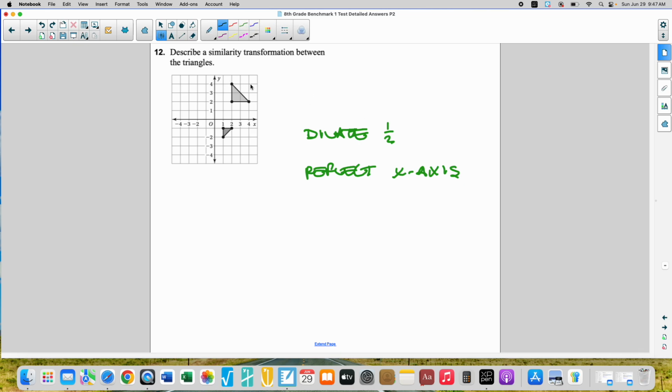So 1/2 gets us to 2. Oh, yeah. So 2, 1. Well, that's not the right color. Yes, I like this. This definitely works. So the point is 4, 2. Dilating it 1/2 gets us to 2, 1. And this point is 2, 2, which gets us to the point 1, 1.